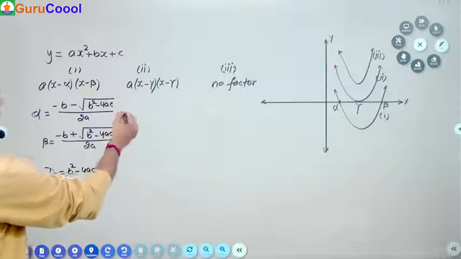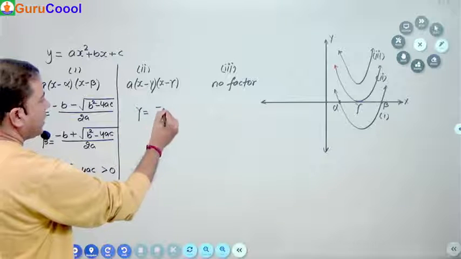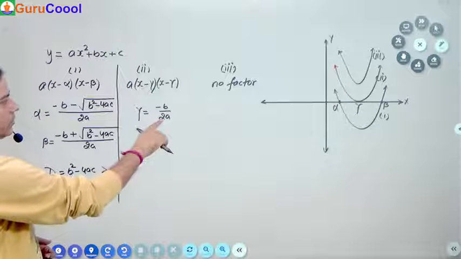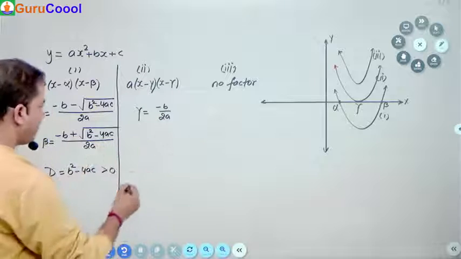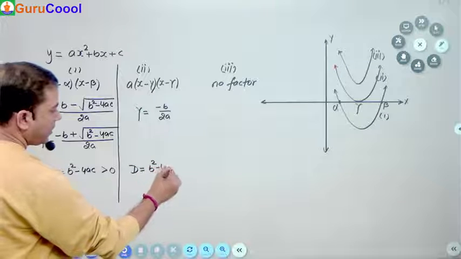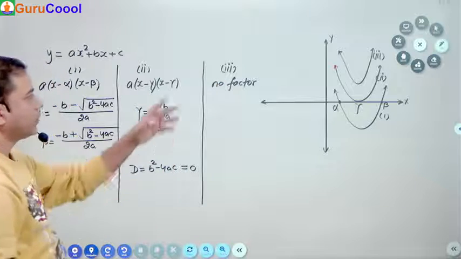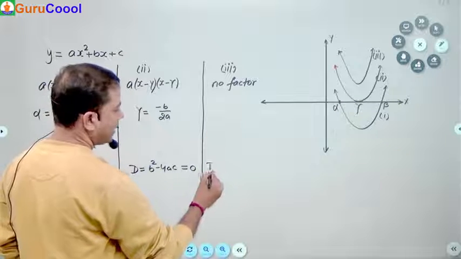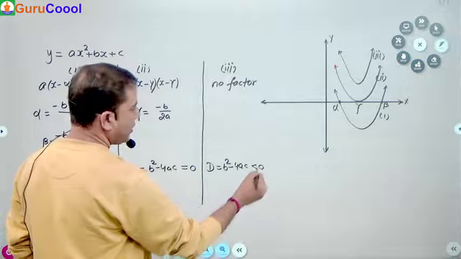In the second case, gamma is equal to minus b by 2a. The single value of gamma will be repeated twice. In the second case, discriminant, that is b square minus 4ac, is equal to 0. And in the third case, you have no factor, no zeros, and discriminant, that is b square minus 4ac, is smaller than 0.